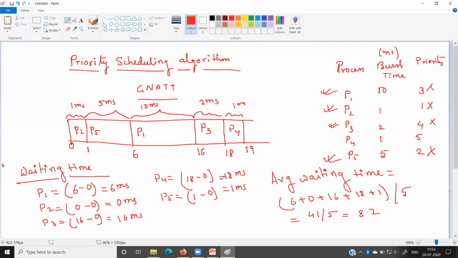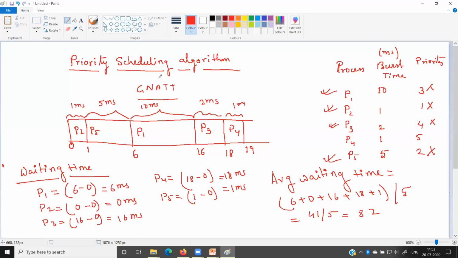But in reality, the priority scheduling algorithm is not only non-preemptive; it is also a preemptive scheduling algorithm. In this example, as all processes arrived at the same time, we cannot observe the preemptive nature of the process.